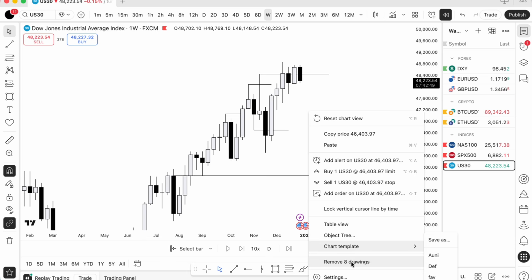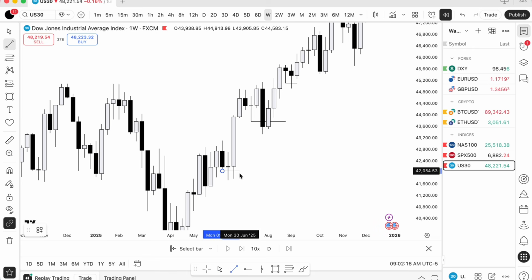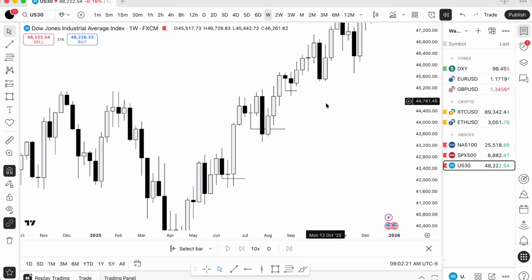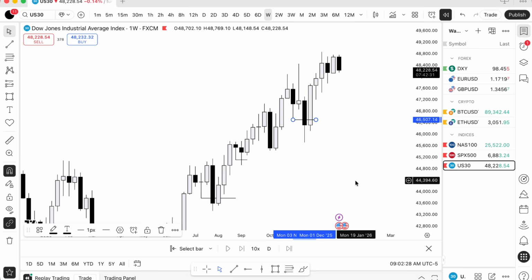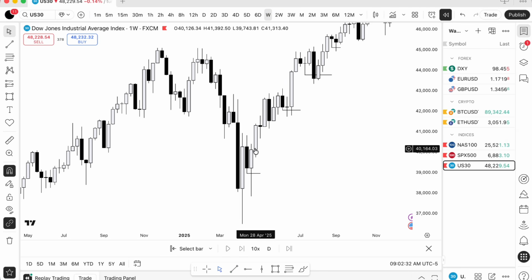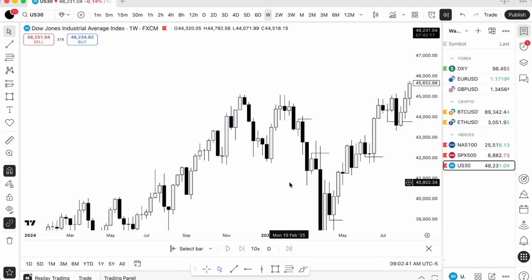Also, not only that, you can see this giving continuation setups, and after turtle soup expansion comes. See, soup, close, next candle expansion, soup, next candle expansion, soup, next candle expansion.